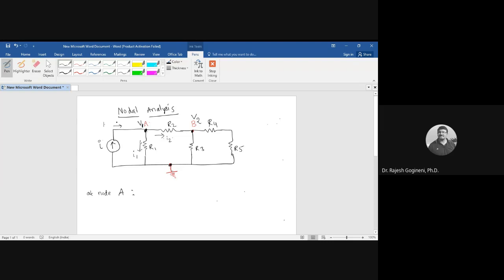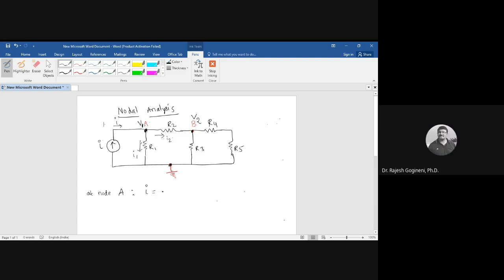So how to write this? KCL equation at node 1, that is node A. Simple. KCL: sum of leaving currents is equal to sum of entering currents. I is equal to I1 plus I2.